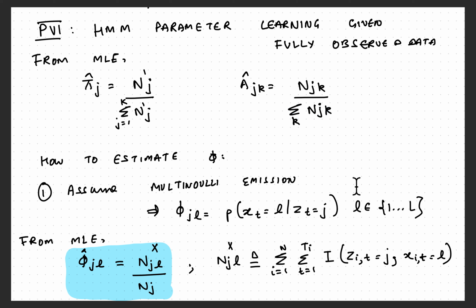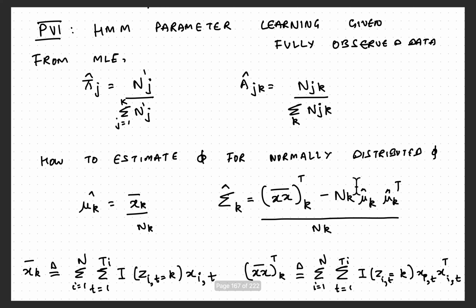Could we do something similar for when phi is normally distributed? Could you think for a minute and tell me what you think could be mu hat of k and covariance or big sigma hat of k? So mu hat of k, as you might expect, is xk bar over nk.